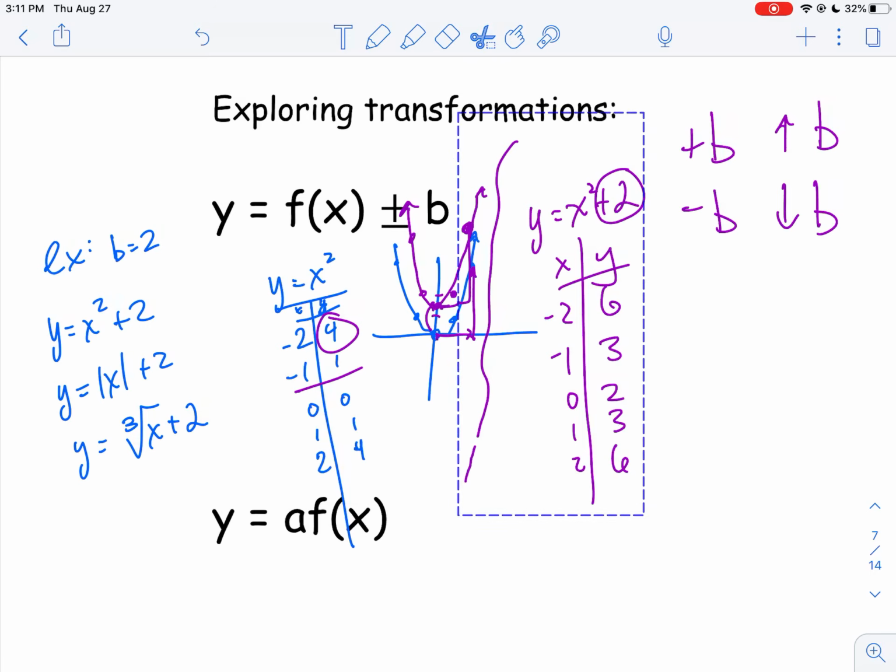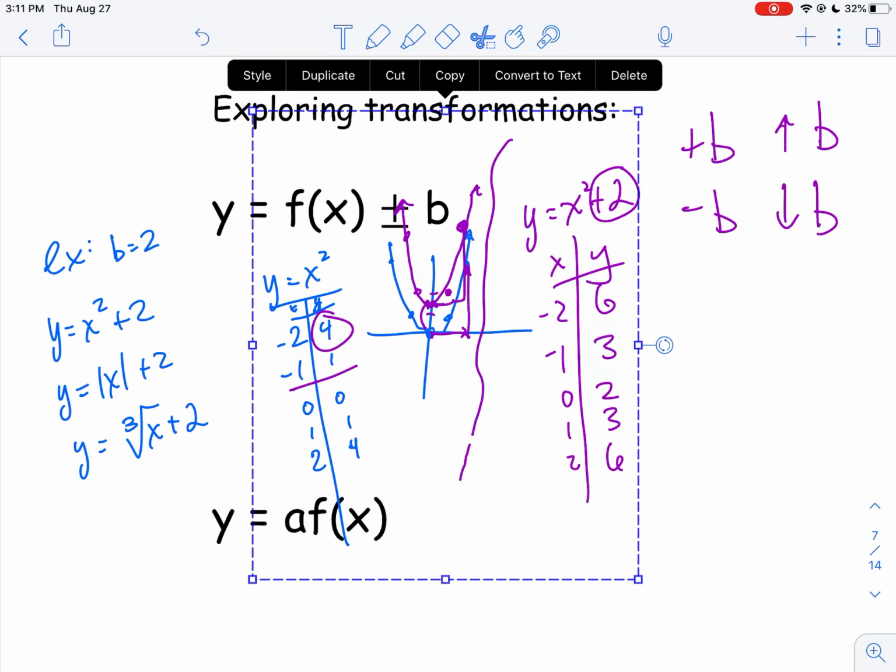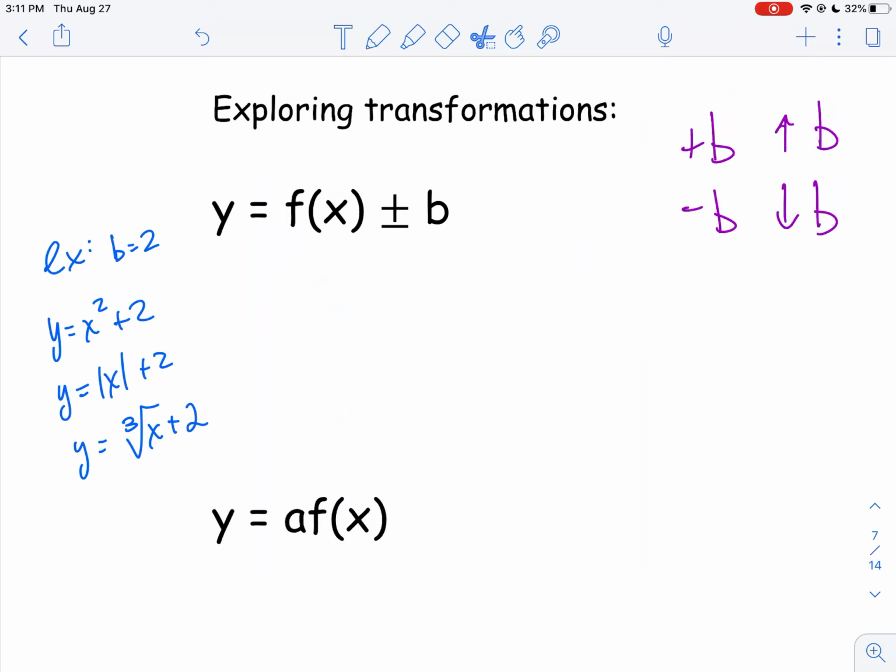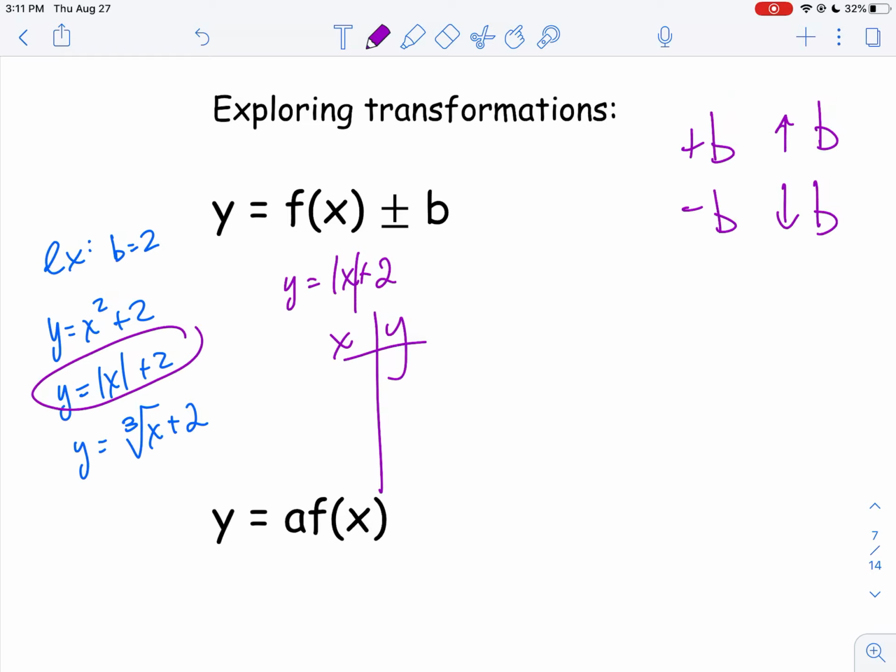Let me just delete all this scratch. Let's try y equals the absolute value of x plus 2. Normally, notice it would just be 3, 2, 1, 0, 1.